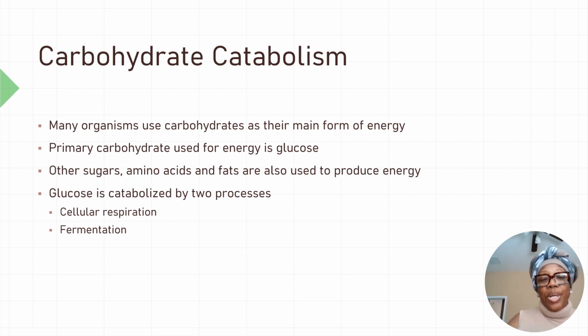There are other sugars involved, as well as other molecules and compounds like amino acids and fats. These things are also used to produce energy, but generally, carbohydrates are the main source of energy production. Glucose is specifically catabolized, or broken down, by one of two processes: cellular respiration and fermentation.